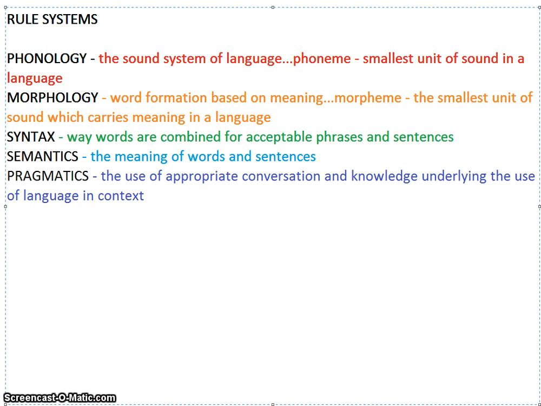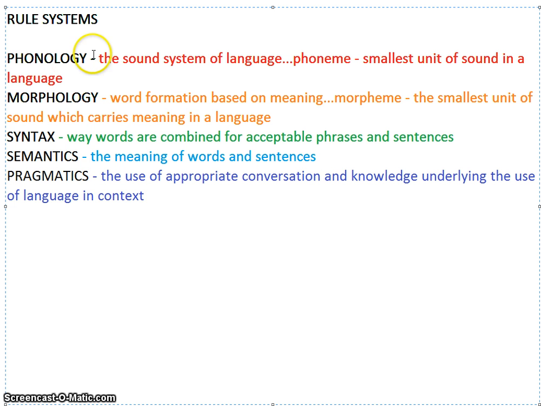But this would involve everything from the fact that you don't curse in our classroom because that is not appropriate conversation for the class. If you're speaking to a 2-year-old, you're going to use much simpler language than if you're speaking to a peer, because the 2-year-old won't be able to understand all the words you would use if you're speaking to another adult. That would also fall under pragmatics.